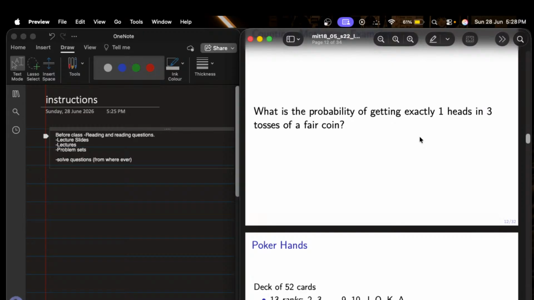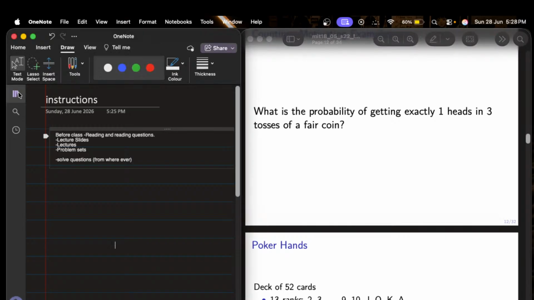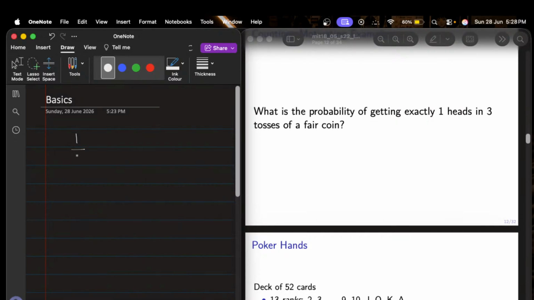Okay, let's see. If we have half probability each, so half into half into half, so that would be 1 by 6. I think 1 by 6, getting one head in 3 tosses.